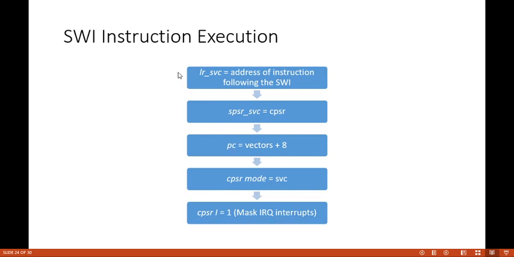So it will take a total of 5 steps, and you have to explain this instruction carefully: link register modification, SPSR of supervisor mode modification, program counter modification, CPSR mode bits modification, and CPSR I bit modification. So a total of 5 steps are taken during the execution of the software interrupt instruction.